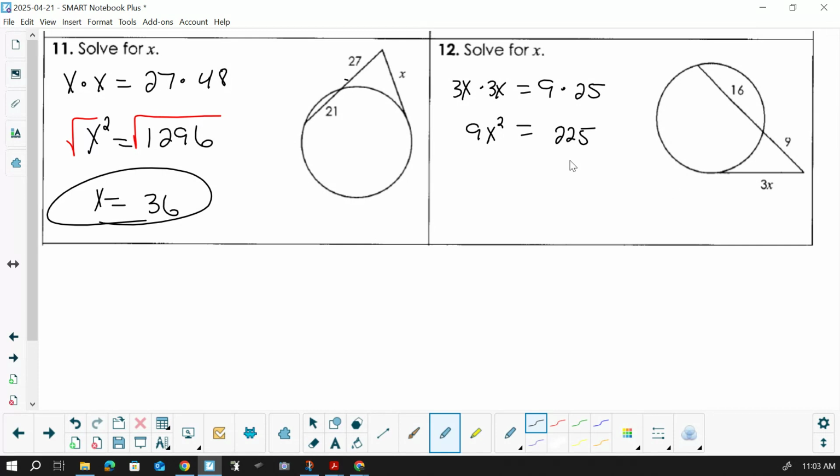Divide both sides by 9. Let's see here. 225 divided by 9 is back to 25. Oh, that's funny. I could have figured that out because of that. X squared equals 25. And then the square root of both sides, square root of 25 is 5.